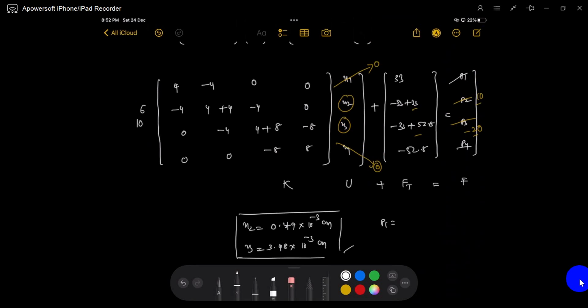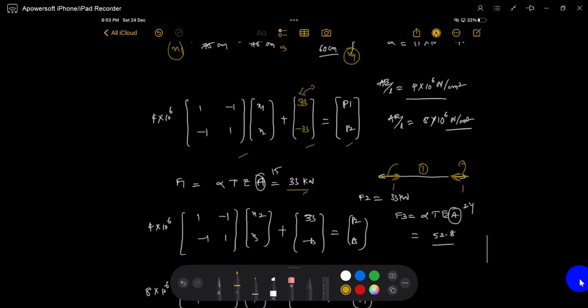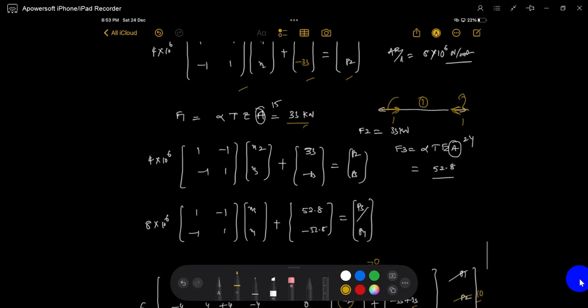P1 value is minus 28.8 kilonewtons, and P4 is also minus 28.8 kilonewtons. Maybe you can check it. Both are minus, so P1 and P4 have this same value.